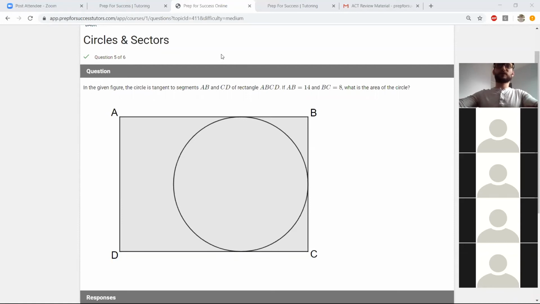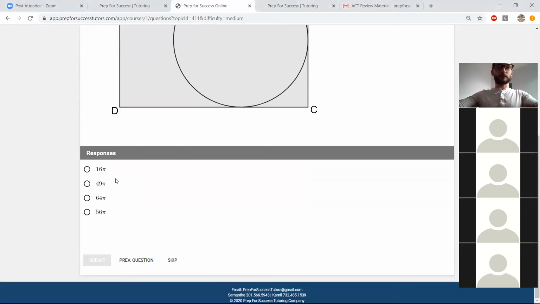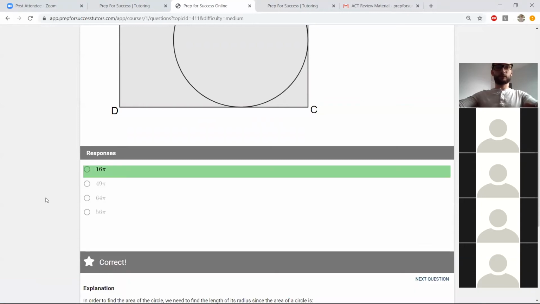Most of you put 16 pi, which is correct, because we know this right here is 8, which is the width. We know the circle is tangent, so that means the diameter is also 8. So if the diameter is 8, the radius is 4, and the area is pi r squared, which is 16 pi. Very good. All right, so 16 pi, perfect.